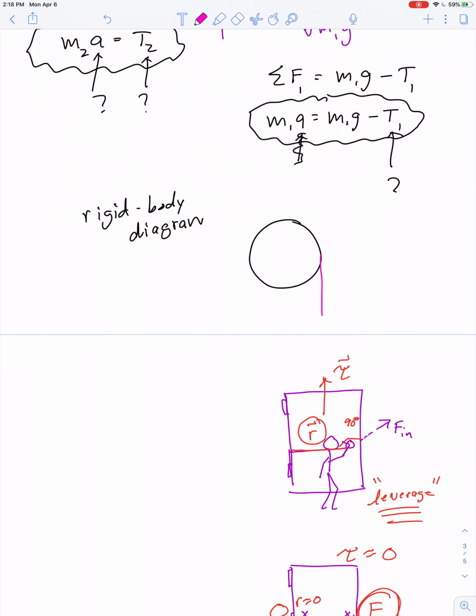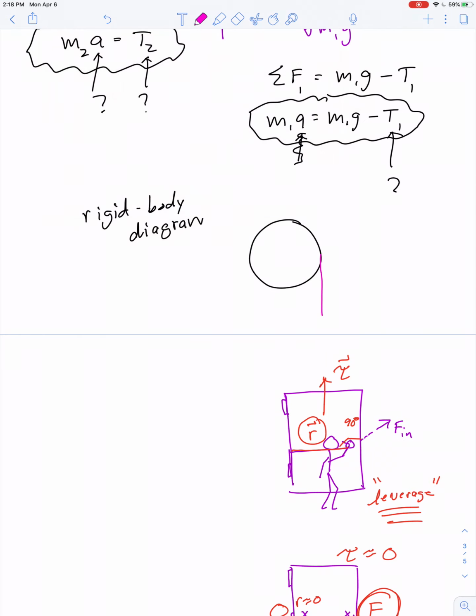It's the tension in the horizontal piece of string, pulling back this way. Now it also has a distance from the axis of rotation that happens to be the radius of the pulley. And how about this? In this case, the angle between the lever arm and the force is 90 degrees for both forces.